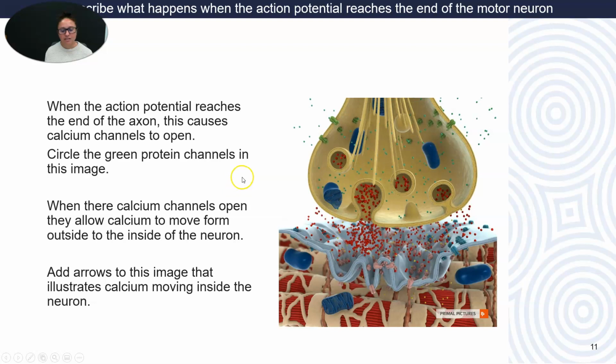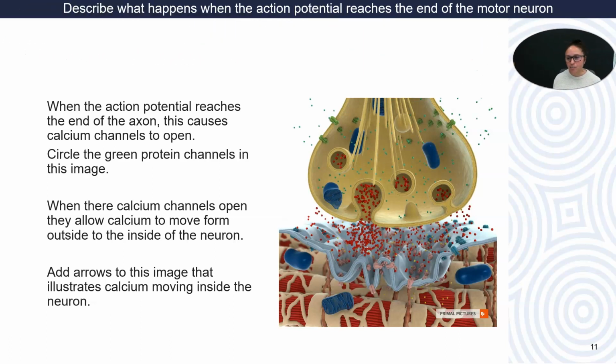All right, so now we're going to continue with our story. We're going to learn about what happens when an action potential reaches the end of the axon. Okay, so this story involves many steps, but we are going to be learning all the steps, and you need to be able to explain all of these steps in your own words.